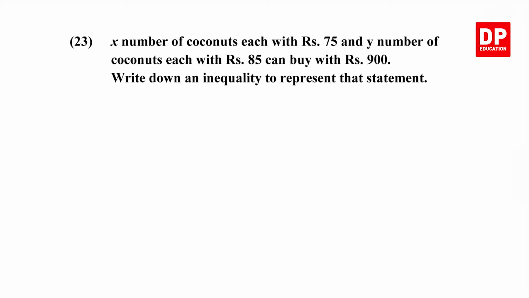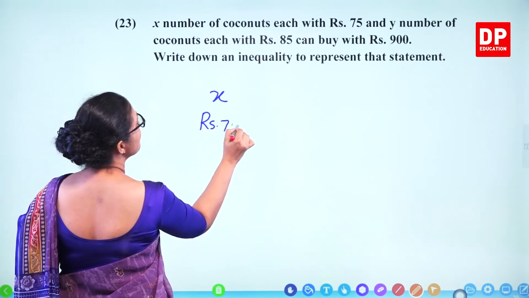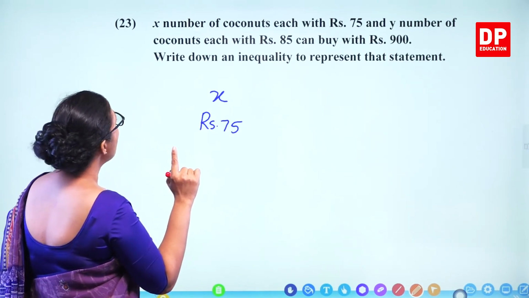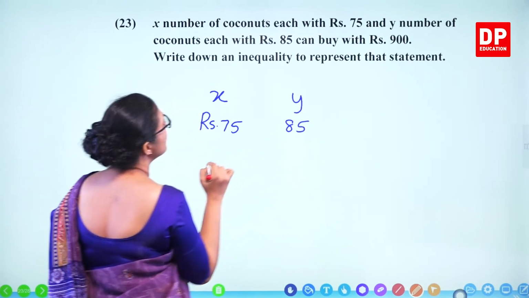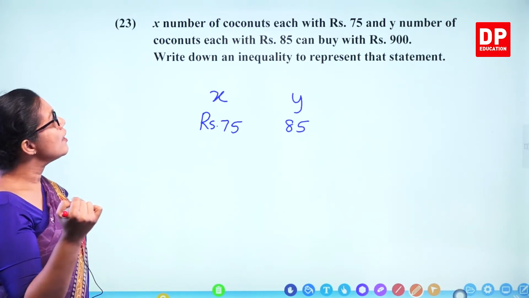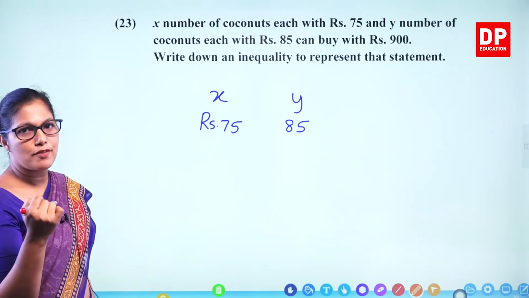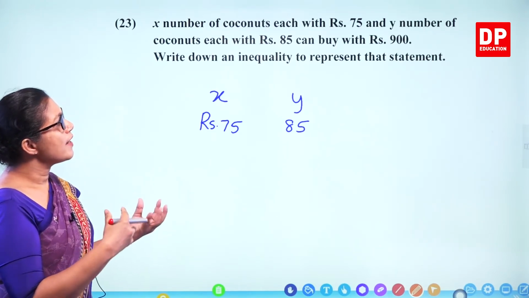Question number 23. X number of coconuts, each with 75 rupees, and Y number of coconuts, each with 85 rupees, can be bought with 900 rupees. Write down an inequality to represent that statement. Can buy means it's enough or you have extra money.